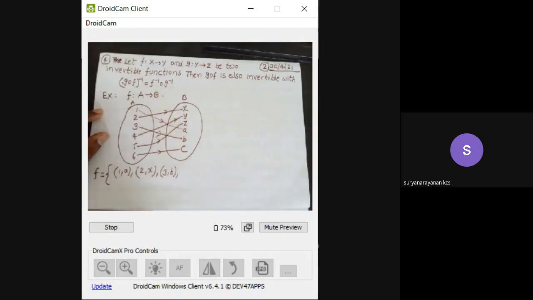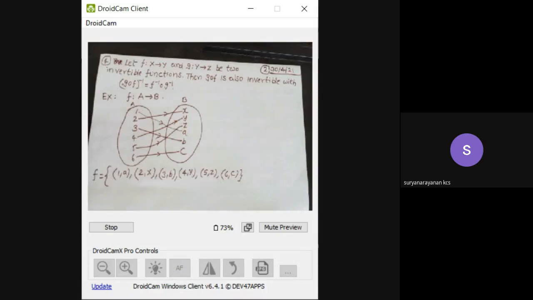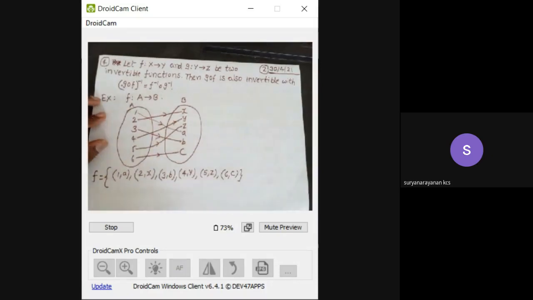Very good. 4 comma y, 5 comma z, 6 comma c. Very good. Now, is it a bijective function or not, Blessina?